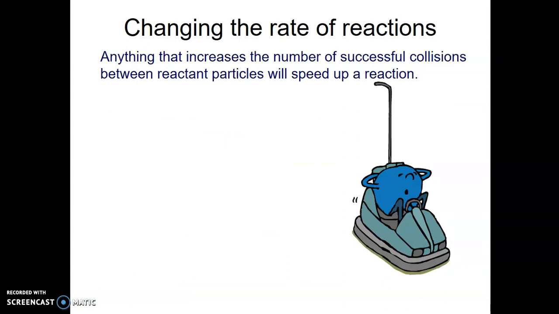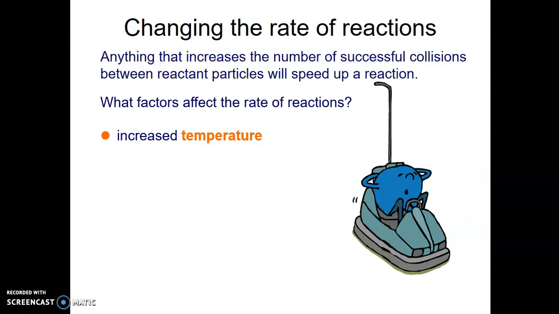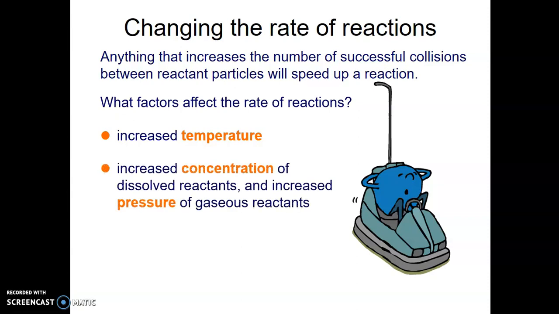Now, if we want to change the rate of a reaction, there are various things we can do to speed up a reaction or slow down a reaction. There are certain factors that affect that. One of them is temperature. If you increase the temperature of the substances that are colliding, that will increase the speed of the reaction. We'll look at that in a moment.